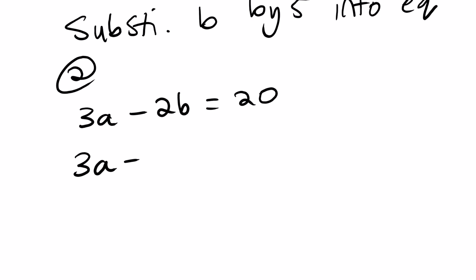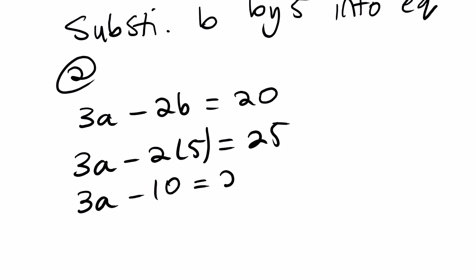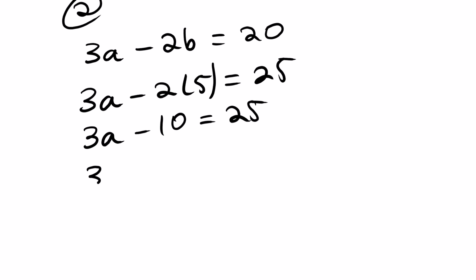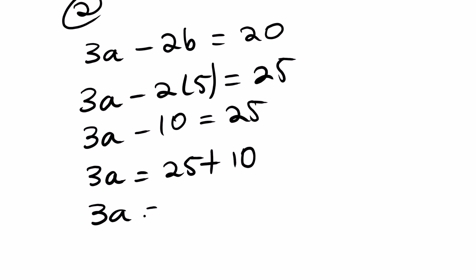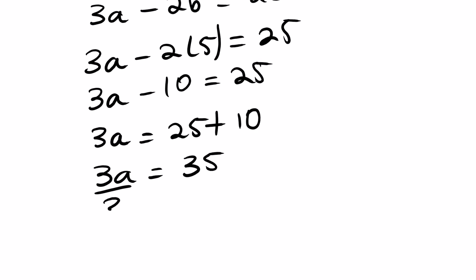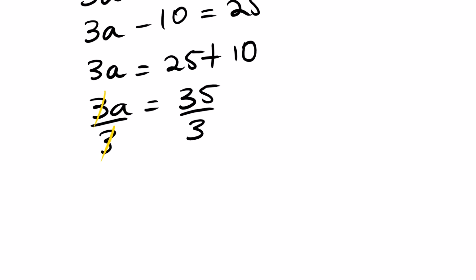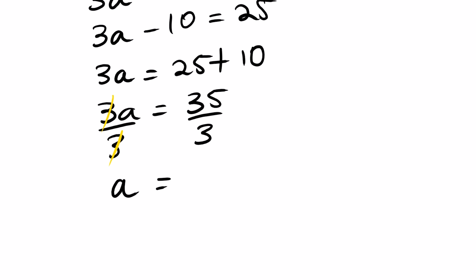Now 3a minus 2 times 5 is equals to 25. 3a minus 10 is equals to 25. 3a is equals to 25 plus 10. 3a is equals to 35. Then we divide both sides by 3. This will result into 1. 1 multiplied by a, it's a. The answer is 35 over 3 I mean.